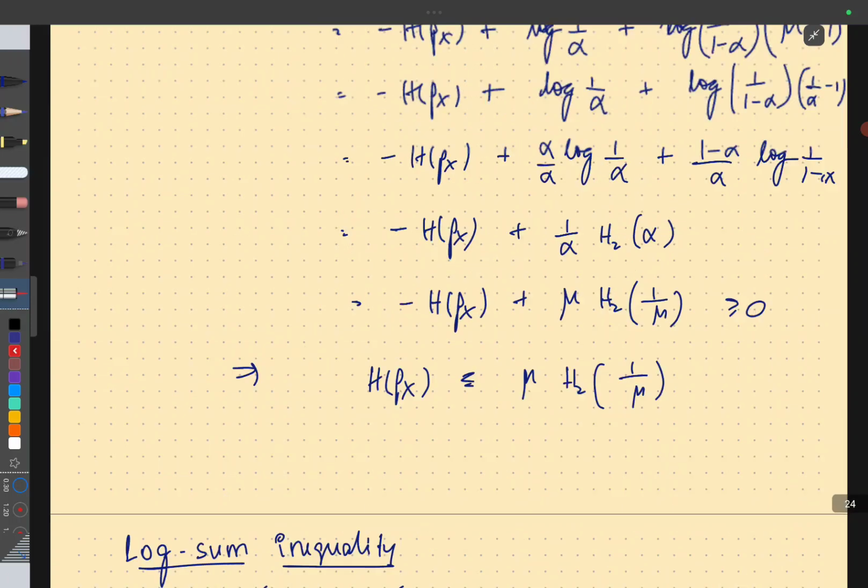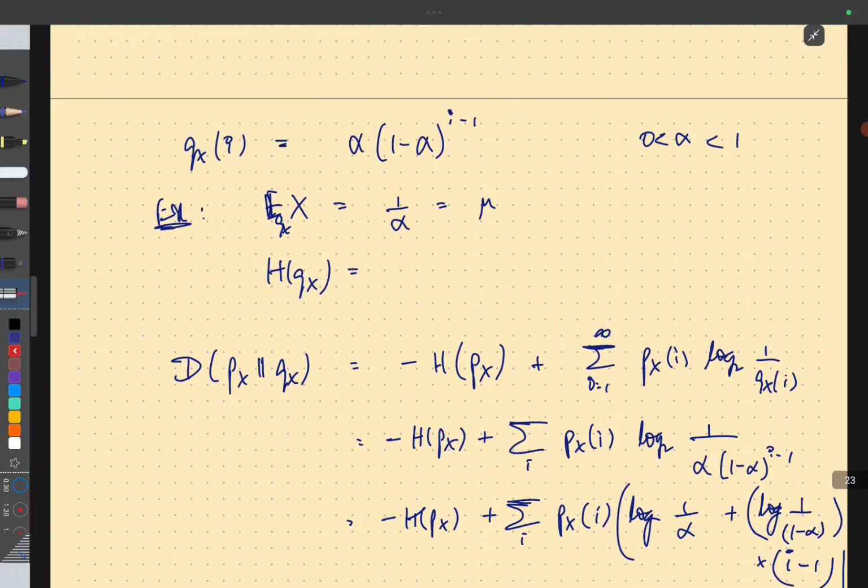And I'd given an exercise: if I choose a distribution Q to be the geometric distribution, so Qx of I is equal to alpha times 1 minus alpha whole raised to I minus 1, then the mean is equal to 1 by alpha. What is the entropy equal to?